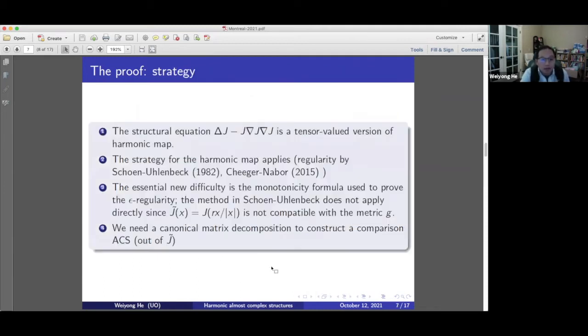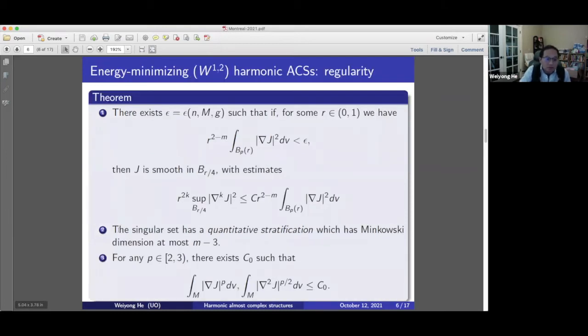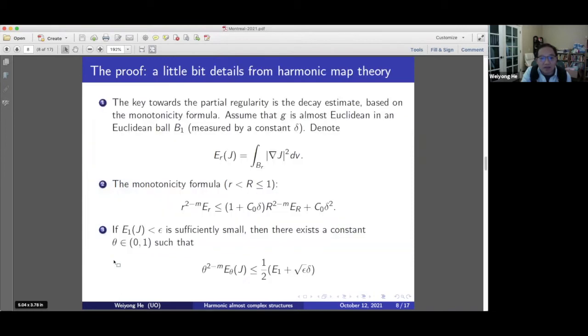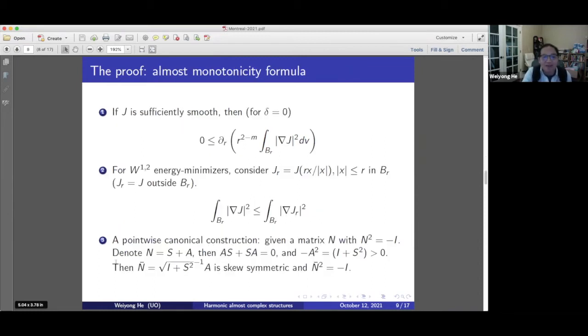The other parts, part 2 and 3, are basically just a direct adaptation of the Tian and Rivière regularity result. It's extremely complicated technically, so I'm not going to explain that. I learned this several years ago, and my memory of this technicality is going to fade a little bit already.